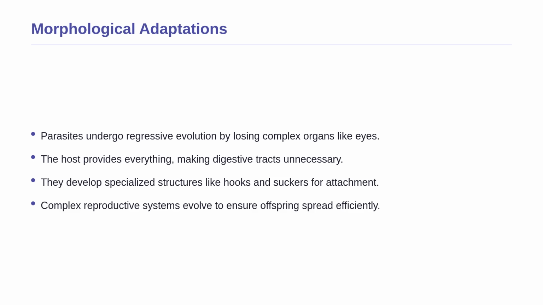Simultaneously, they develop highly specialized structures, such as hooks, suckers, or complex reproductive systems. These structures ensure they can attach firmly to the host and spread their offspring efficiently. It is a directional shift driven entirely by natural selection.